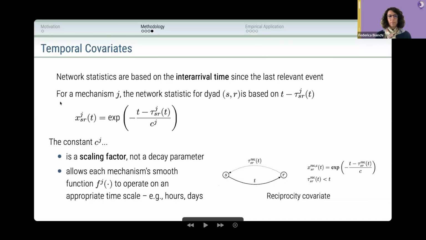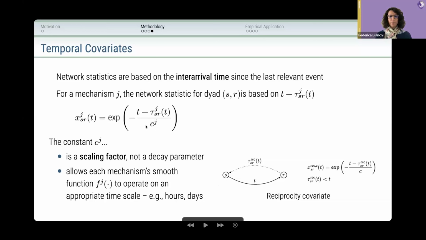So for a given mechanism, which we call J, the network statistic is defined, as you see here, as an inter-arrival time, which is weighted by a so-called scaling factor that allows us to specify these internal clocks that give rise to polymorphic network times.